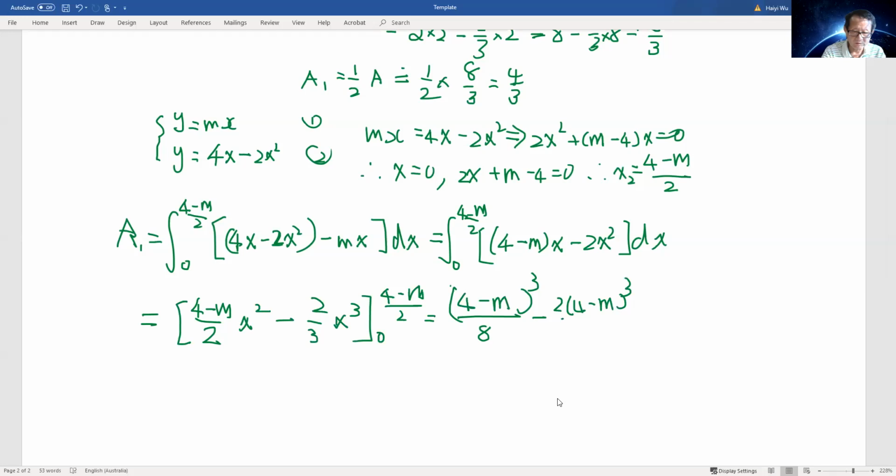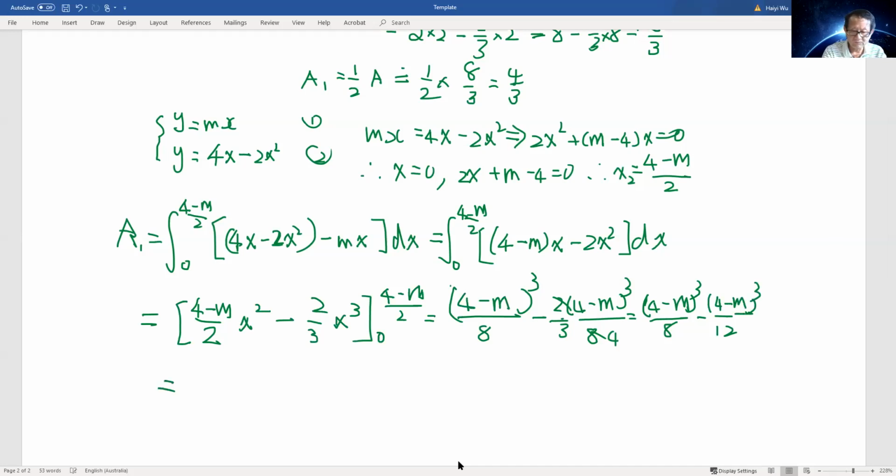The bottom number 3 is already there, so over here will be 8. The rest will be zeros, so we don't need to consider them. We cancel these 2, become 4. So the final answer will be (4 minus m) to the power of 3 divided by 8, and that will be 12, bracket 4 minus m to the power of 3.